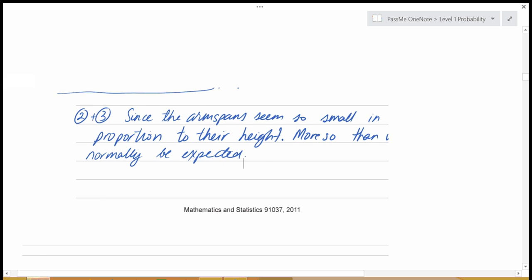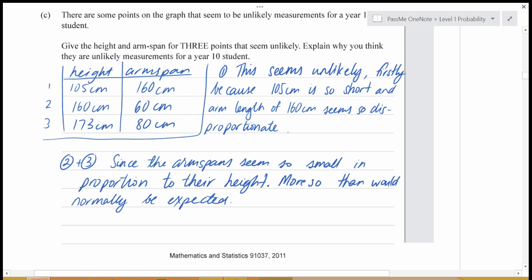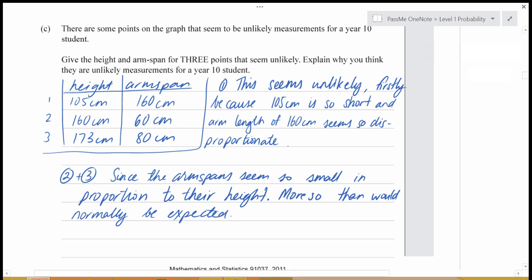Okay, so that's just an example of what you could write, and certainly you could identify different points and come up with different reasons, but that's just an idea, and that's really a merit question.